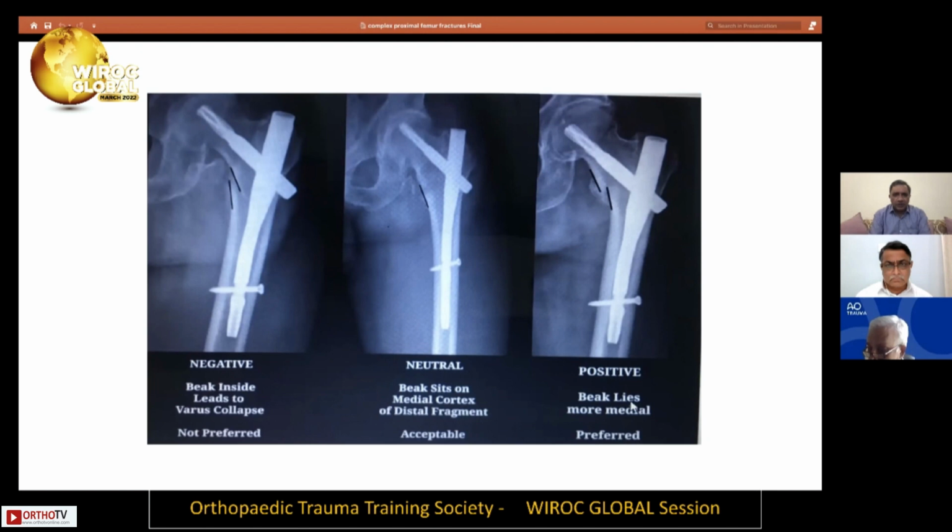The next is a neutral reduction, when the calcar and the medial cortex of the shaft are in alignment. And then there is a positive reduction, where the beak of the proximal fragment lies medial to the shaft of the femur. So we should aim for either a neutral reduction or a positive reduction.